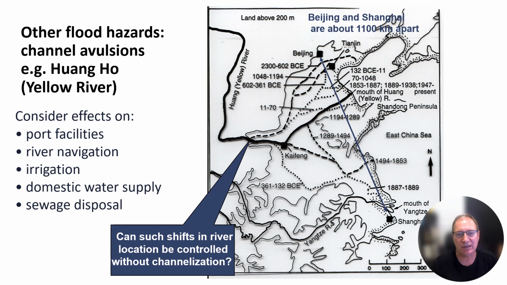So just understand, in many cases when we try to control a river and we use dikes and a levee system or some type of channeling system, the aim is to help keep the river within a certain path that it has remained in. Just understand that if there's an avulsion that takes place, it could change the path of the river.